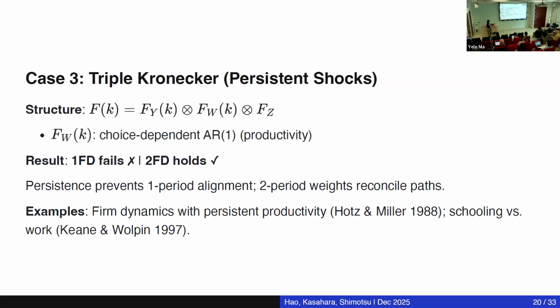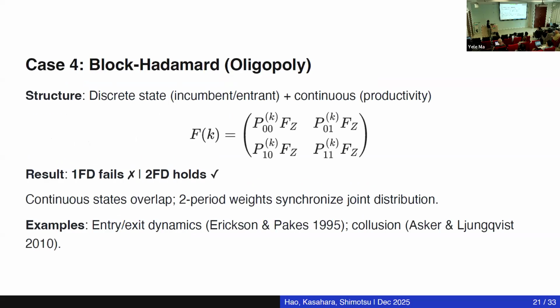And we show that using an empirical simulation example. For the first case, I call it block Hadamard. I suppose there's a better way to call it. The fourth case is the oligopolistic entry-exit game, where, standing at the point of each individual player, your transition density depends on some productivity shock, and also depends on the others' actions. And these others' actions depend on the current status of the productivity as well.